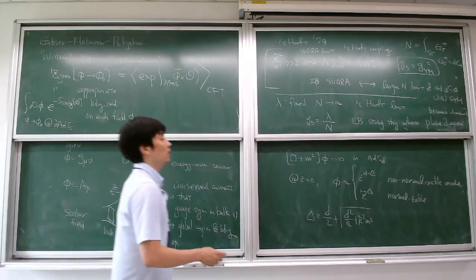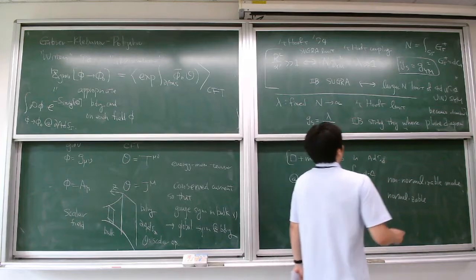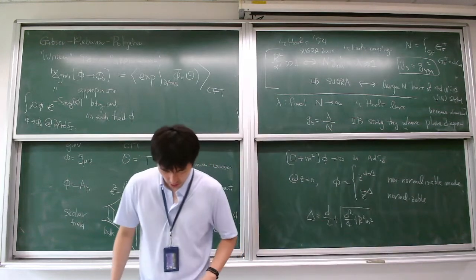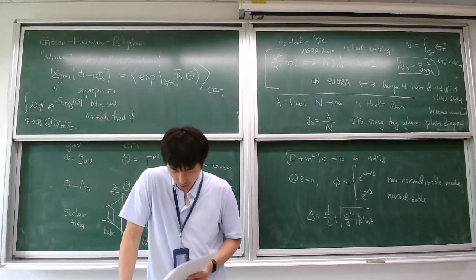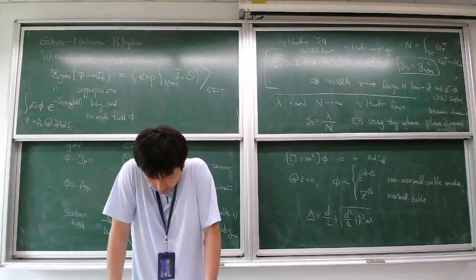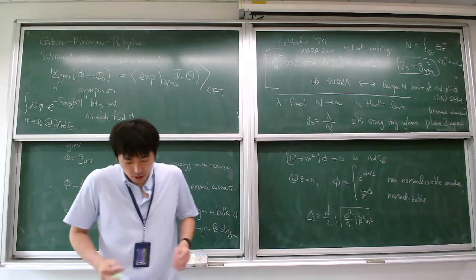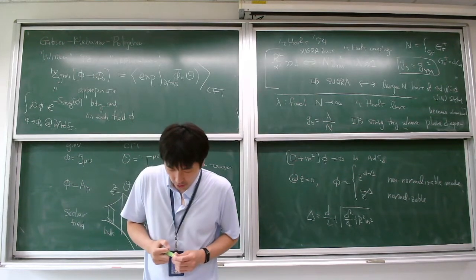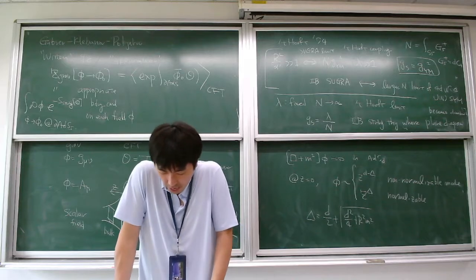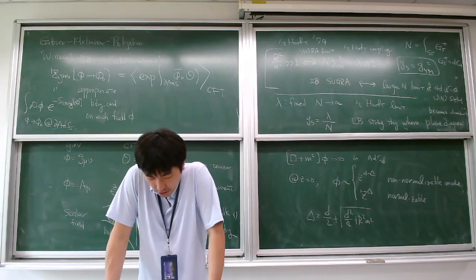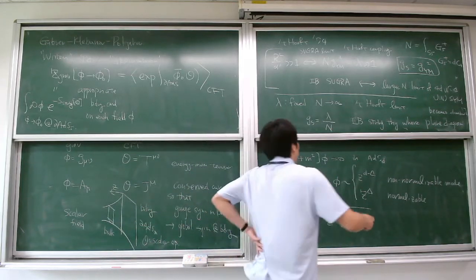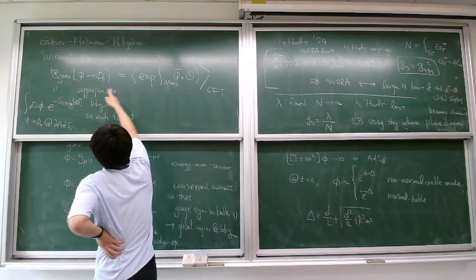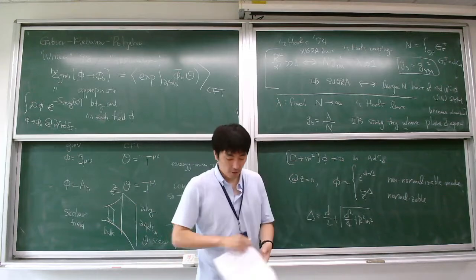So this is the Klein-Gordon equation in AdS space, which can be easily analyzed. To get the consistent behavior at the boundary, this field will behave as follows.